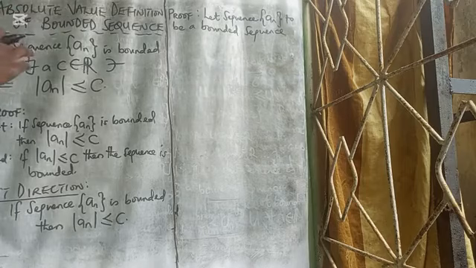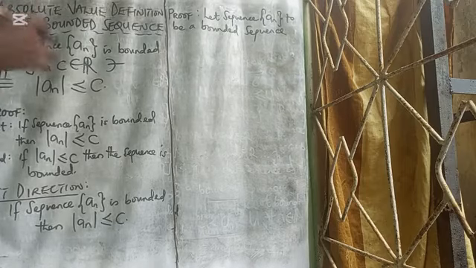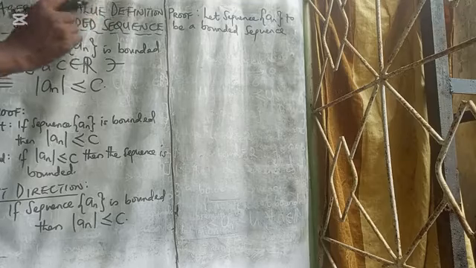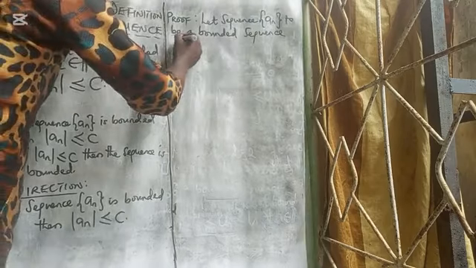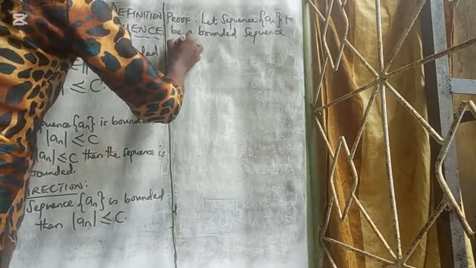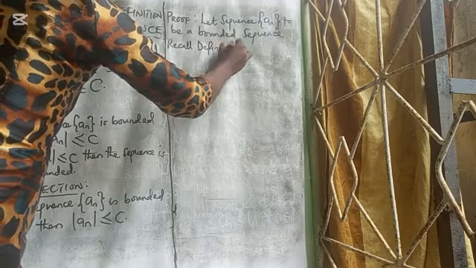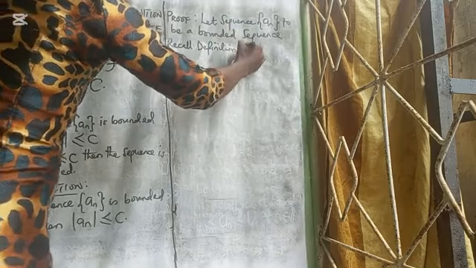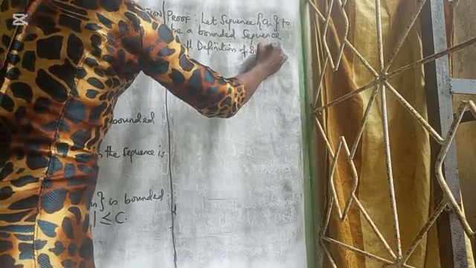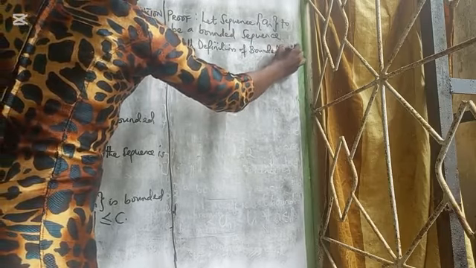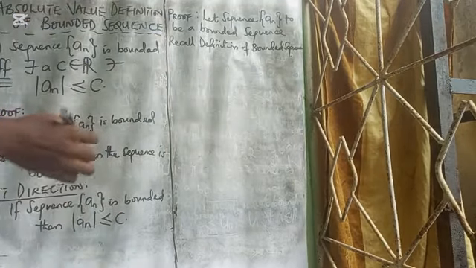From our definition, using the lower bound and the upper bound, it implies that what? You want to recall the definition of bounded sequence, the one involving lower bound and upper bound.